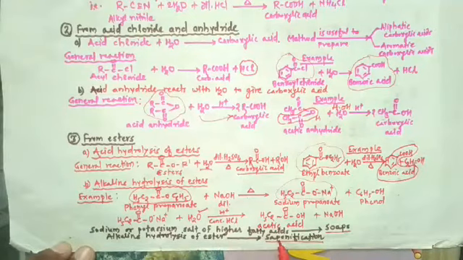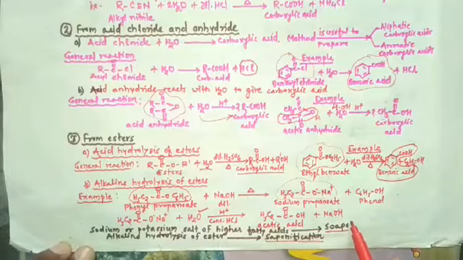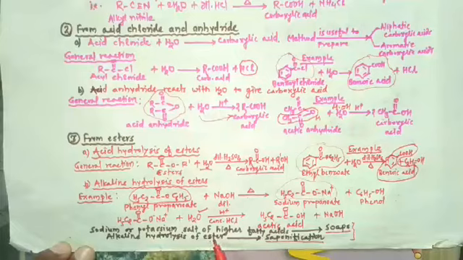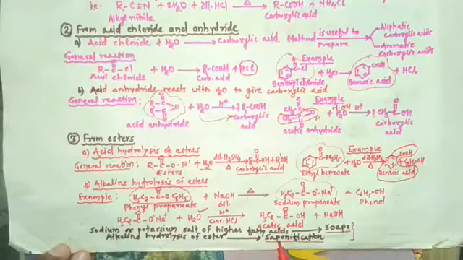So please remember these two definitions. The definition of soap: sodium or potassium salt of higher fatty acid is called soaps. And saponification is defined as alkaline hydrolysis of ester.